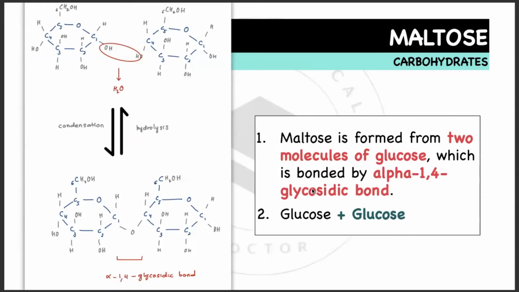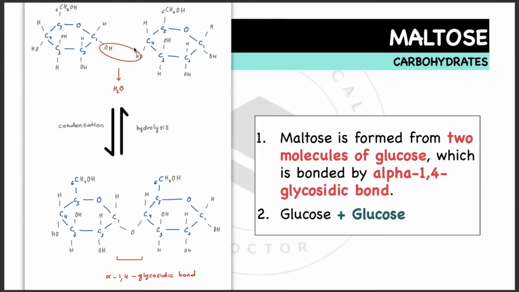Moving on to maltose. Maltose is actually when glucose combines with glucose, you get maltose. So maltose is formed from two molecules of glucose, which is bonded by the alpha 1,4 glycosidic bond. Take note of this, okay? Alpha 1,4 glycosidic bond. So you will be using the alpha glucose, 2 alpha glucose.